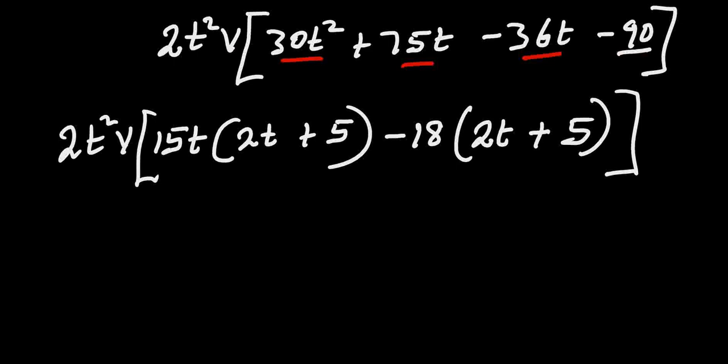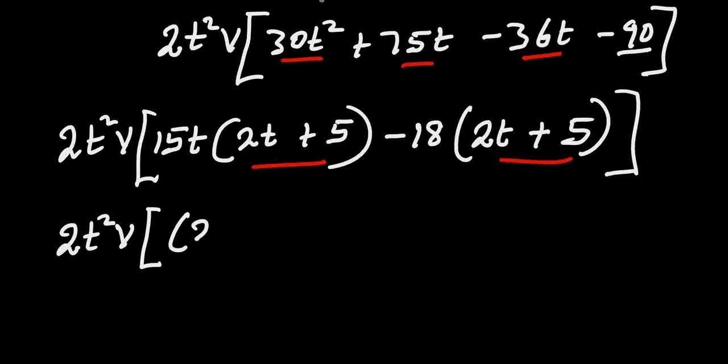Now, you can see that this term and this are the same. So we can now write this as 2t squared v in the block bracket, and simply write open parenthesis 2t plus 5. Good.